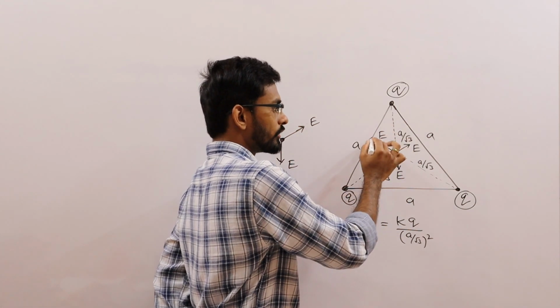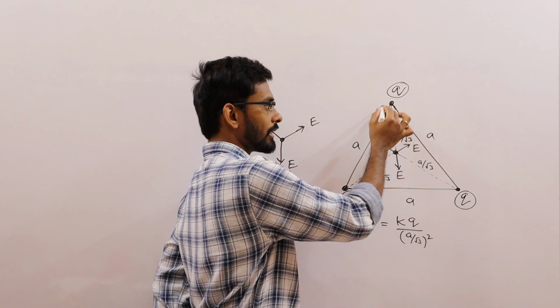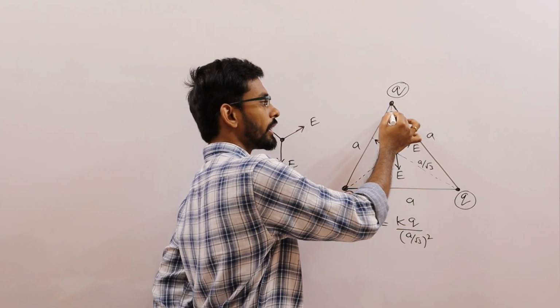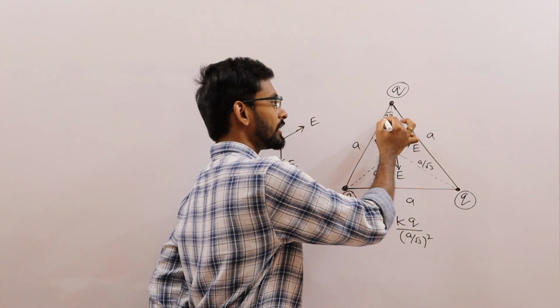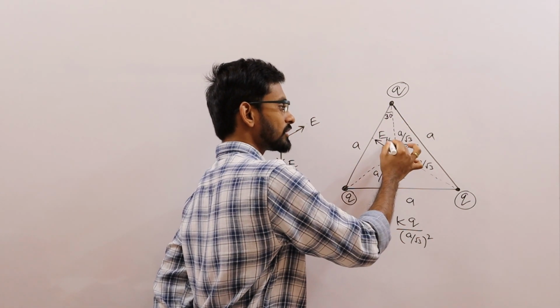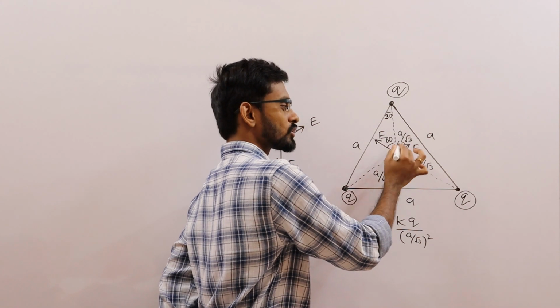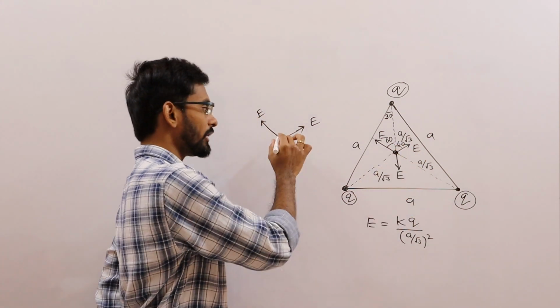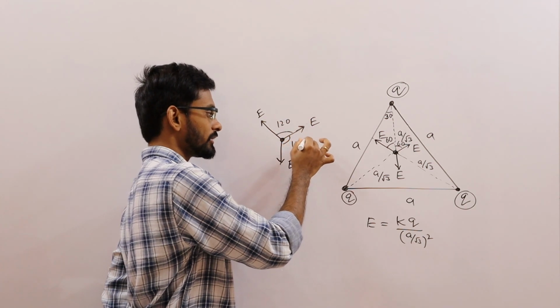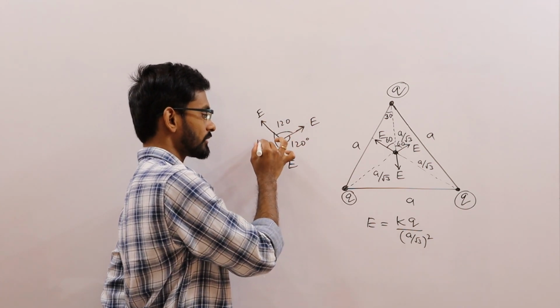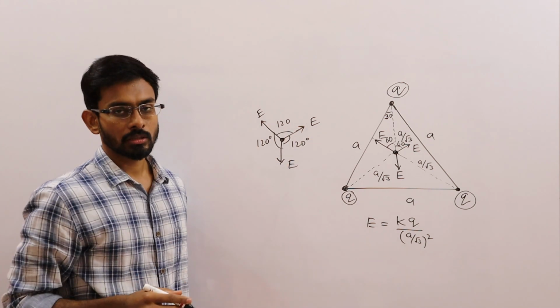We know this triangle will be a right angle triangle, and this angle in an equilateral triangle will be 30 degrees. So if this angle is 30 degrees, this angle will be 60. Similarly, this is also 60. So this total angle is 120. Similarly, the three angles will be 120 each. So 120, 120 degrees, and 120 degrees. So these are the angles.